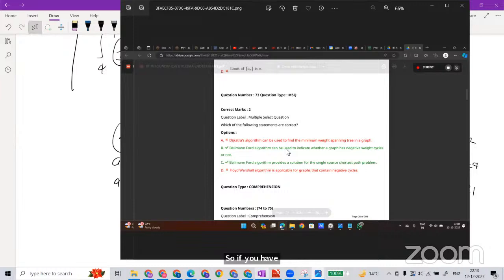It will always decrease. So Bellman-Ford algorithm is also used to find whether a graph has a negative weight cycle.